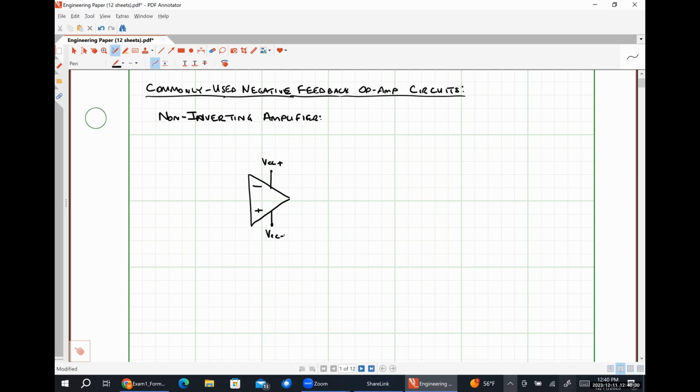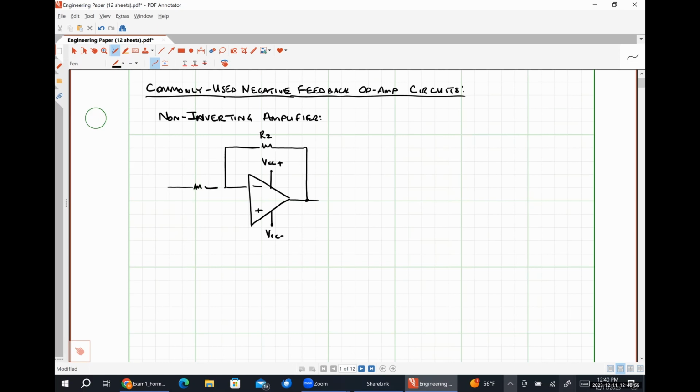So assume the op-amps are always powered such that they work the way that we want them to. All right, so the first resistor that's important is going to be our feedback resistor. I'm going to call this guy R2. So hopefully we all can see just by inspection that this op-amp has negative feedback.